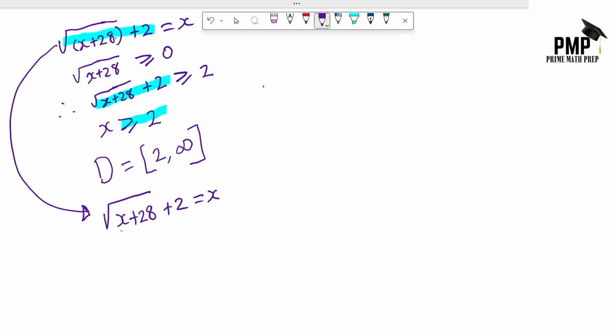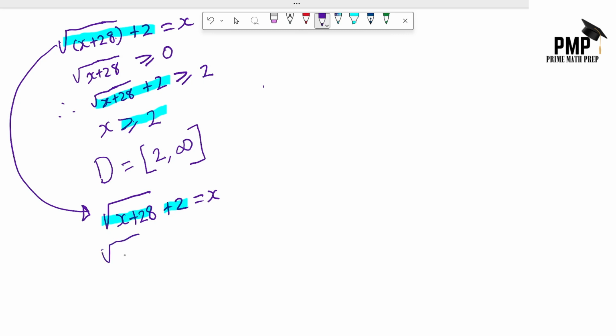In order to remove this square root, we need to square both sides. But we can't do this squaring when we have another number attached to the square root, so it will be more complex to solve. Therefore, we need to isolate only this square root. What do we do? We remove 2 from both sides. We'll subtract 2 from both sides.